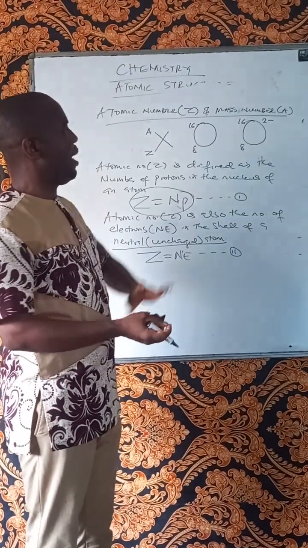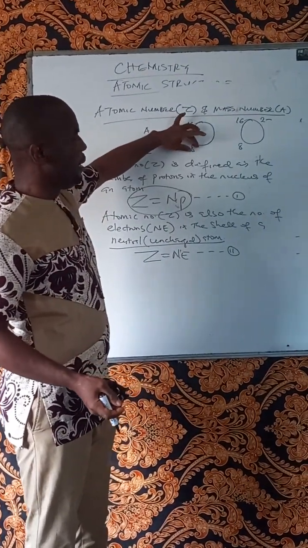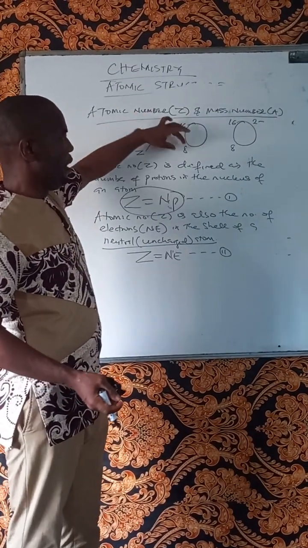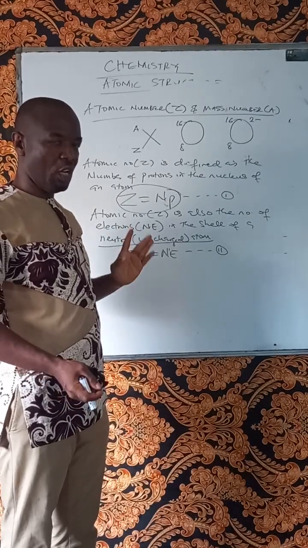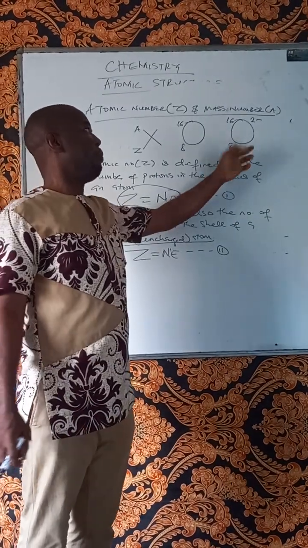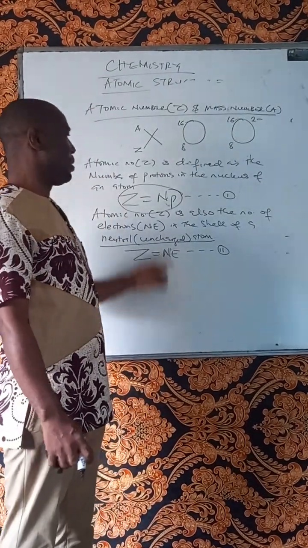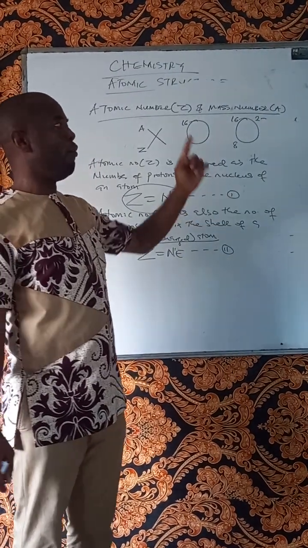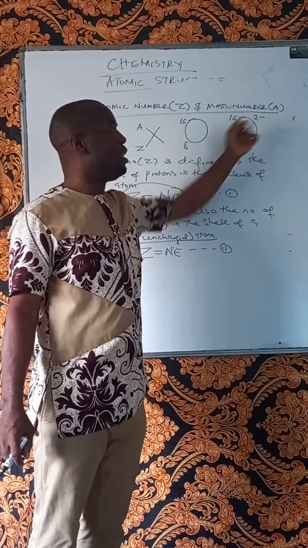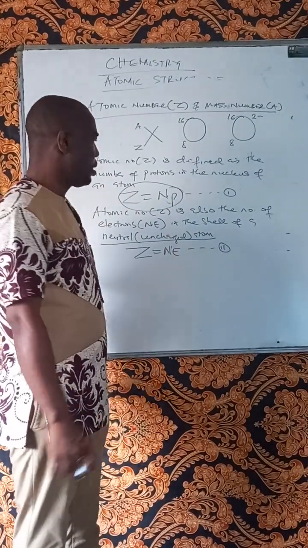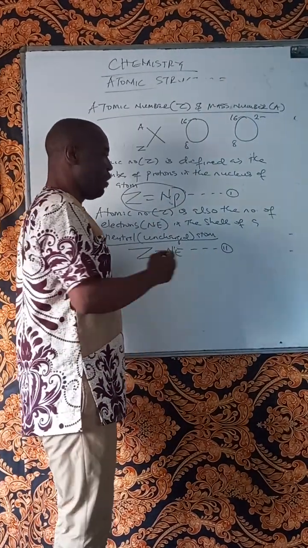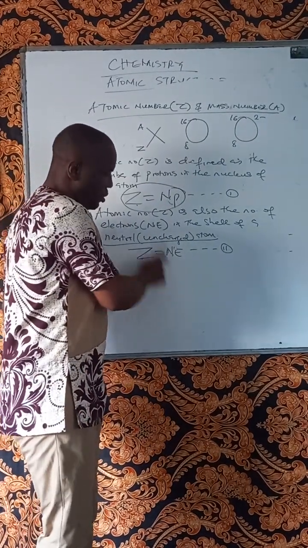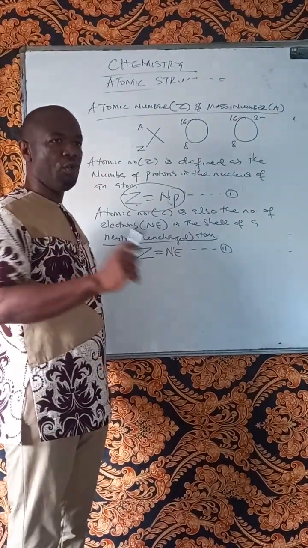Now, for this particular atom, the atomic number is 8. The number of protons is also 8. Number of electrons is also 8 because it is uncharged. But for this particular atom, which has a charge, the atomic number is 8. Number of protons is also 8. But number of electrons will no longer be 8, it will be different. That means for every atom, these two are constant. But this is only constant provided the atom has no charge.